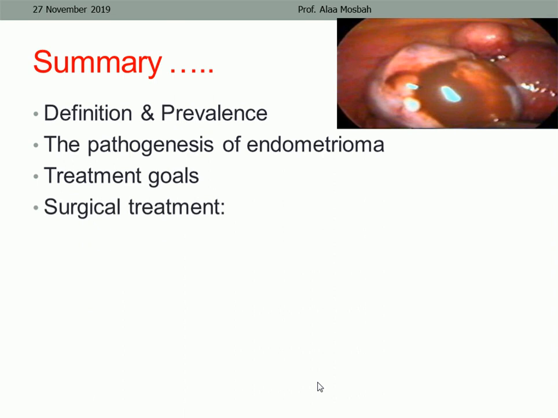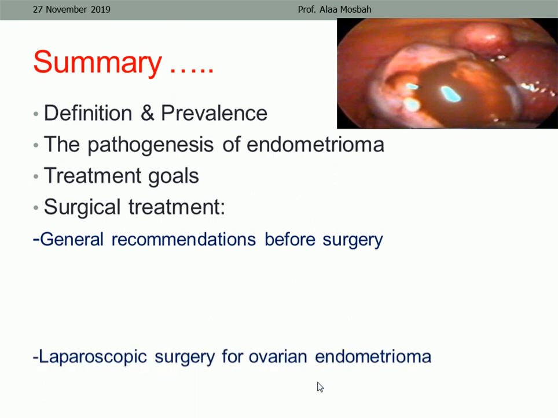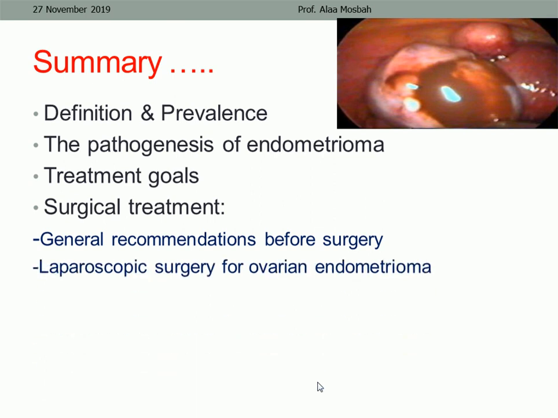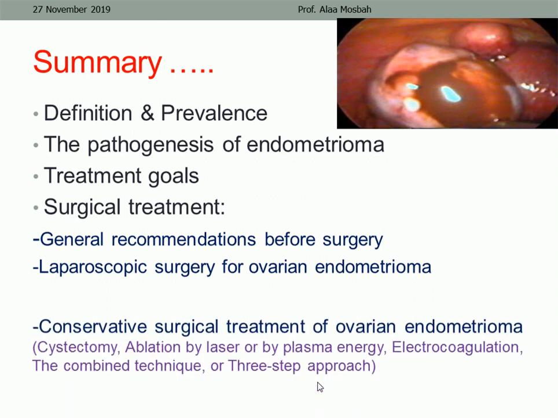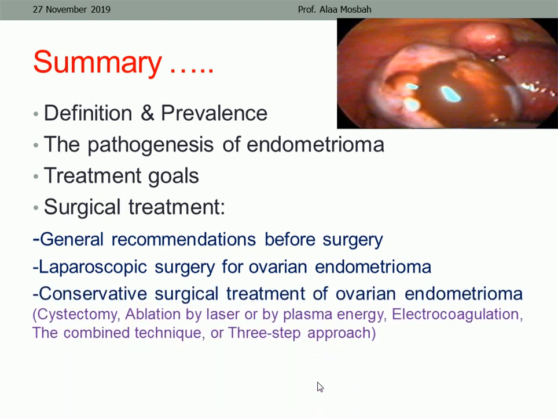And we said we have surgical treatment, mainly by laparoscopy, which is the best line of treatment. And we said that laparoscopy needs general recommendations before surgery, and we mentioned all of them. Then we said the laparoscopic surgery of ovarian endometrioma and the conservative surgical treatment of ovarian endometrioma like cystectomy, ablation by plasma energy, or laser, CO2, or electrocoagulation, monopolar or bipolar.